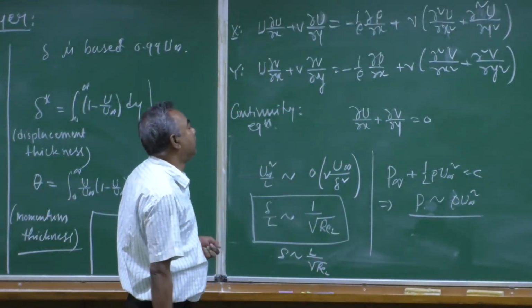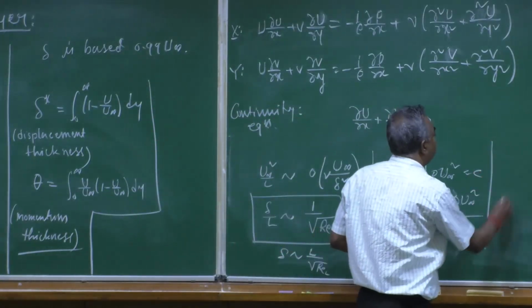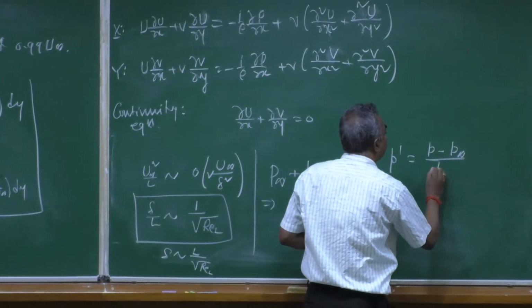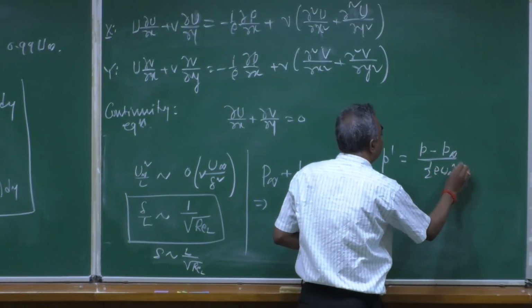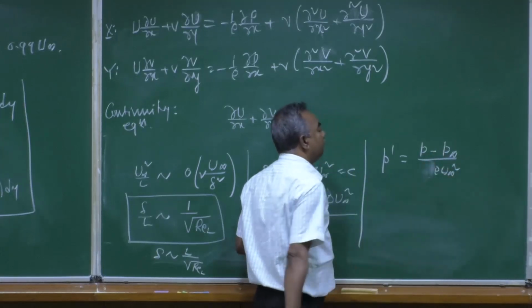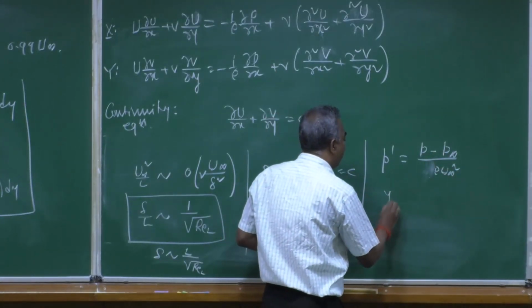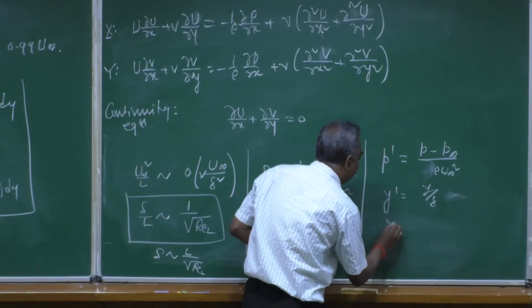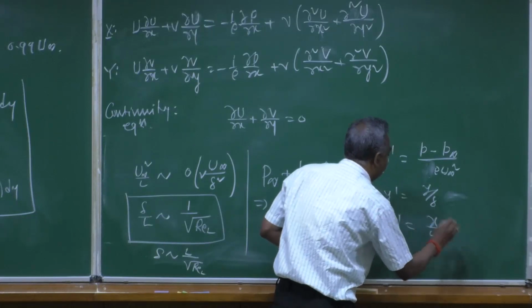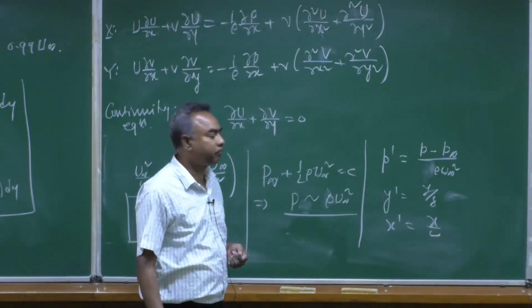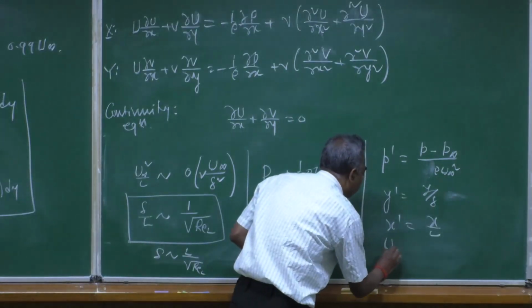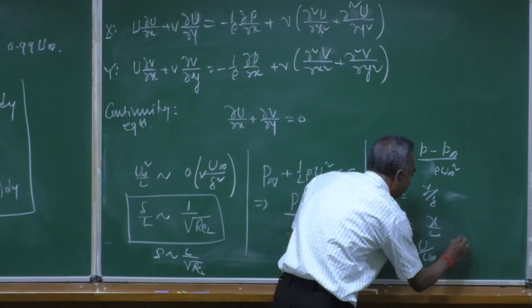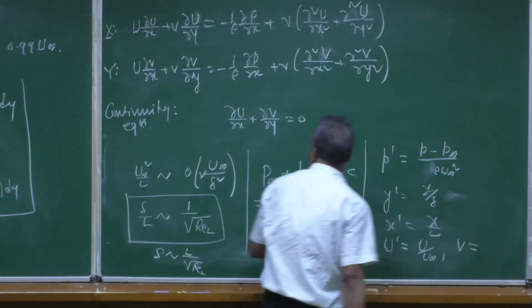So, if you consider your non-dimensional pressure as P minus P infinity by half rho U infinity square, or just rho U infinity square, and y prime as y by delta, x prime is equal to x by L, and u prime, the non-dimensional quantity, as u divided by U infinity, and v, which will come from the continuity equation.